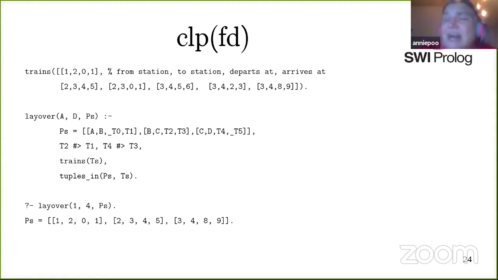And of course, I'm sorry, there's 2 layovers in this, and each of the elements must correspond to an actual train that exists.